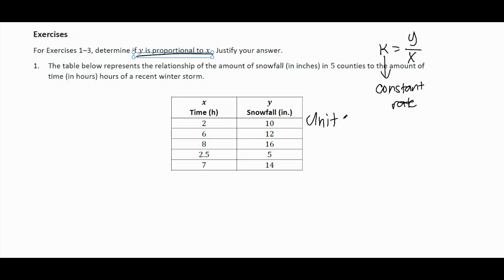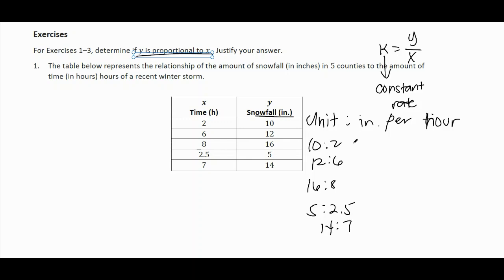So let us find the unit. Our unit will be y, which is the snowfall, so inches per time, or per hour. So the ratios are 10 to 2, 12 to 6, 16 to 8, 5 to 2.5, 14 to 7.